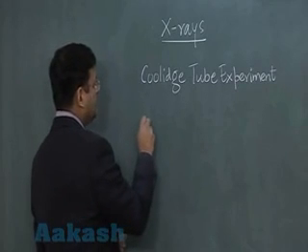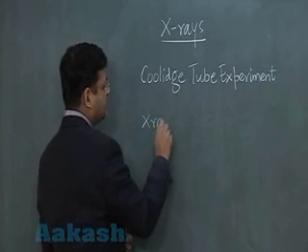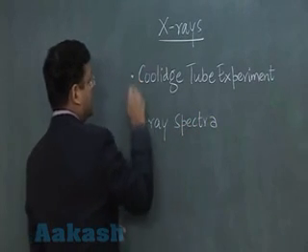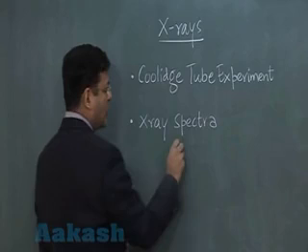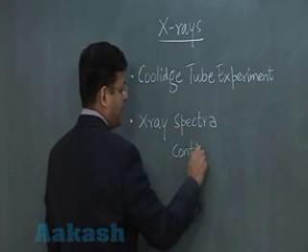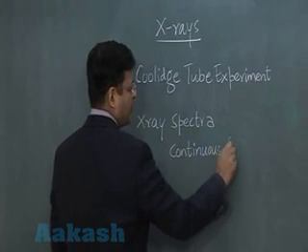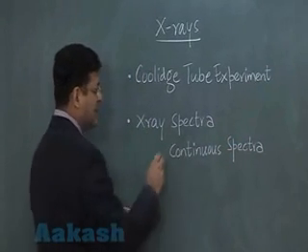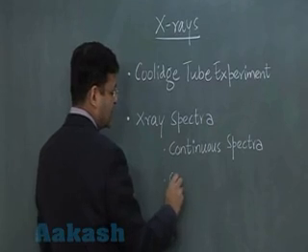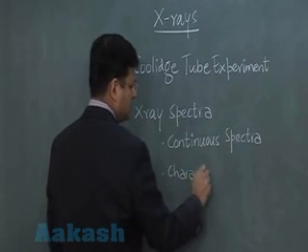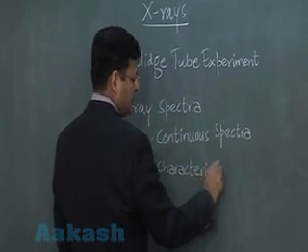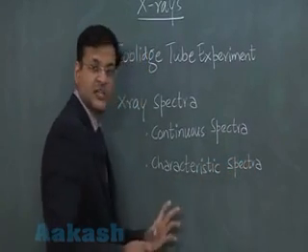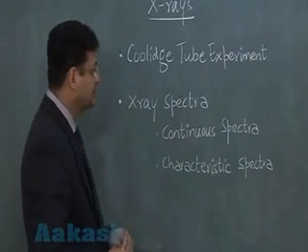Then we had X-ray spectra. In X-ray spectra we had continuous spectra; you had a formula explaining that. Then you had characteristic spectra, for which we had Moseley's relation explaining the characteristic spectra.